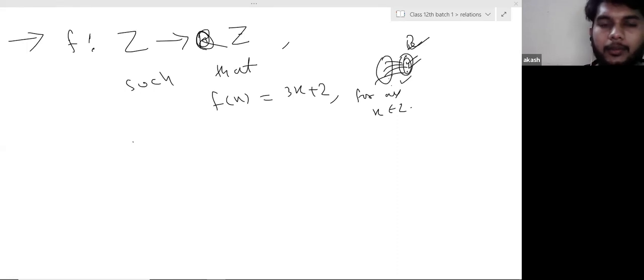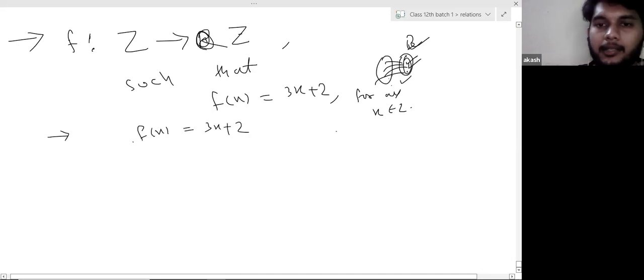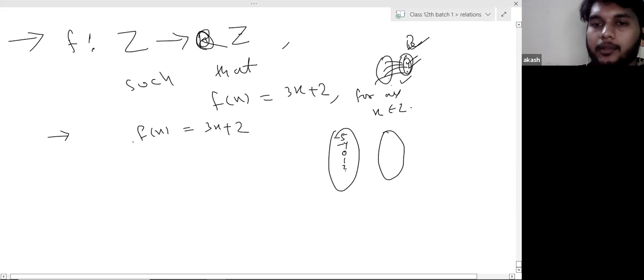It's not onto. All right, let me solve this. Ronaldo, it's okay. So in this question, we have the function as 3x plus 2. Again, let us see first what is set A and set B. Z means set of integers. So here, -5, -4, 0, 1, 2, 3, and so on are all the elements.